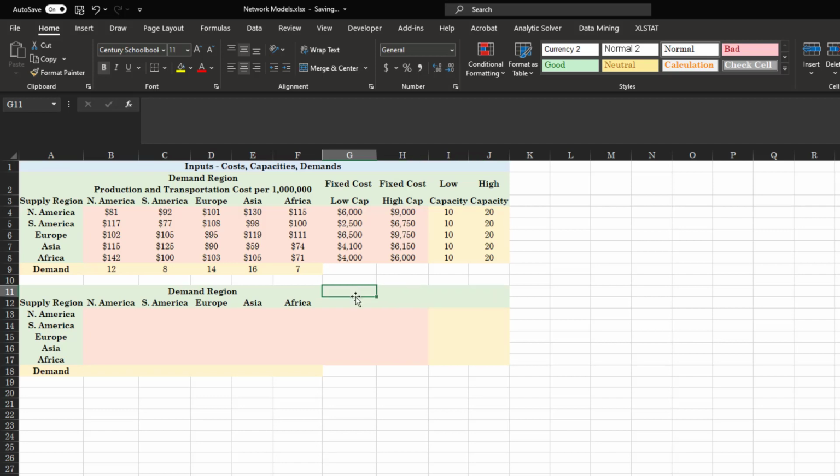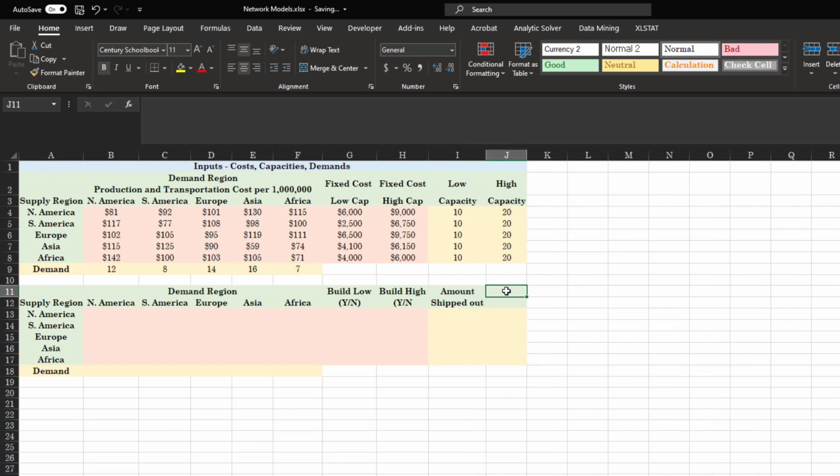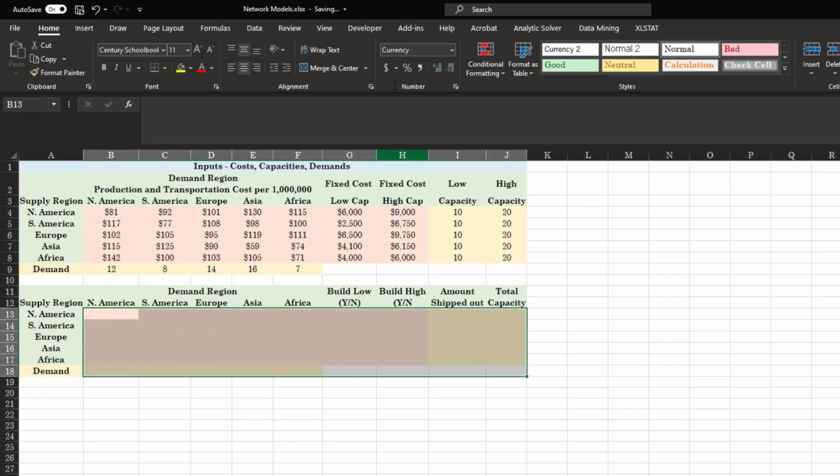This is, we can say, build low, yes or no. And this will be build high capacity, yes or no. And here is amount shipped out, and here is total capacity. Here's the actual capacity.